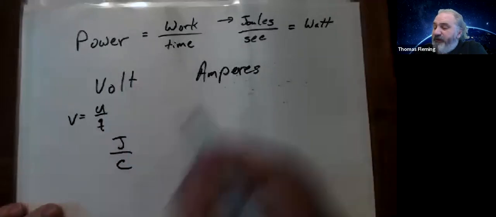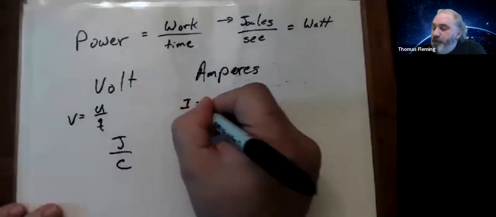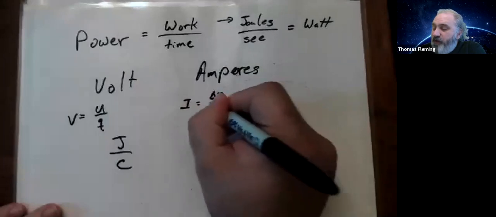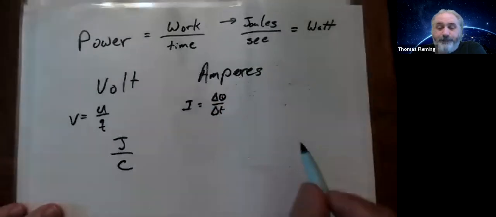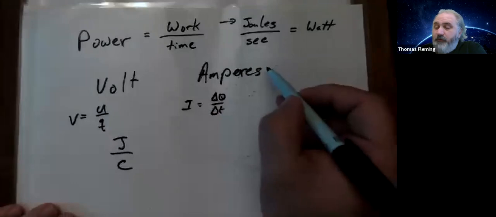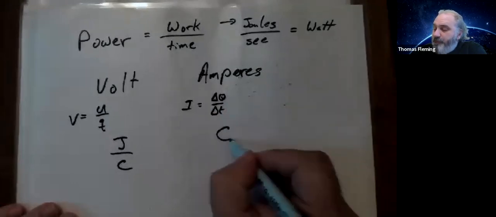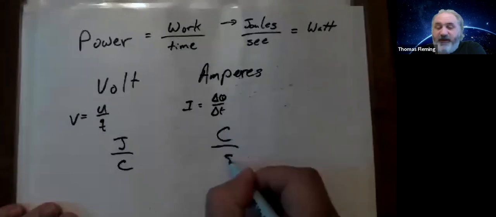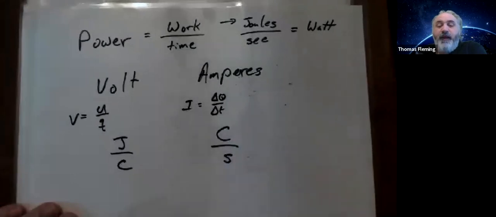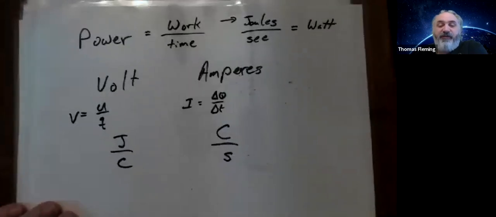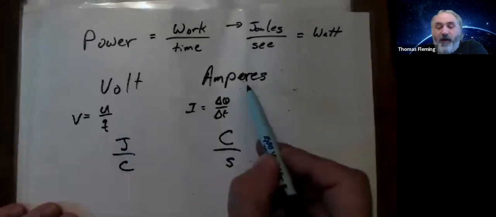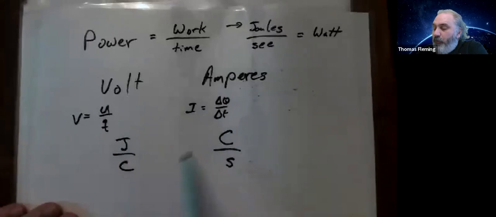Now, by the same reasoning, the definition of current was delta Q over delta T, which means that an ampere of current had units of coulombs per second. And the thing that becomes kind of obvious to me is that if I were just to take a voltage and multiply it by a current, I'd have joules per coulomb times coulombs per second.